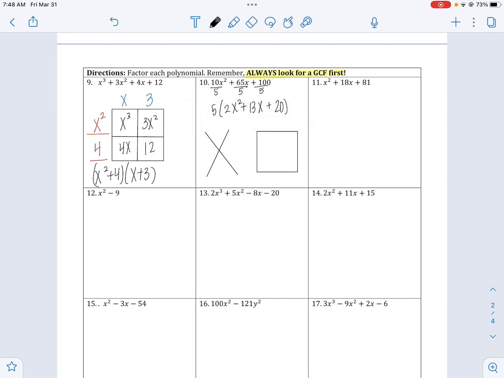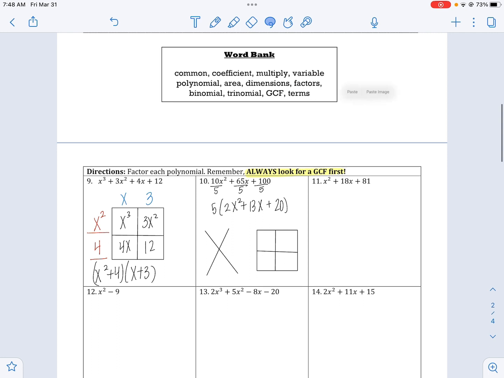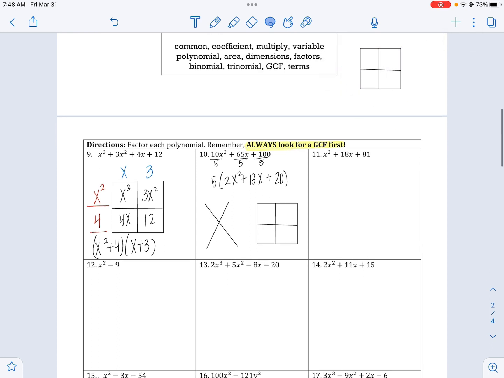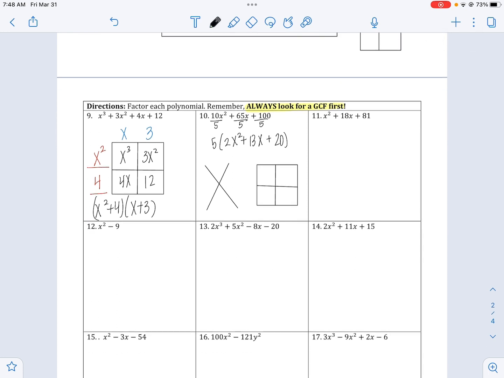There you go. Let me copy this and paste it up here so I don't have to keep drawing it. So we're going to do A times C. A times C gives me 40.